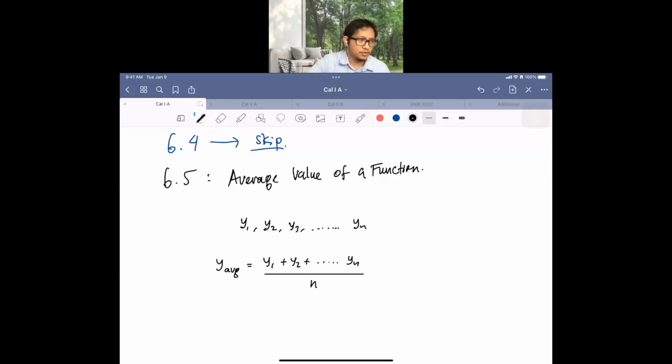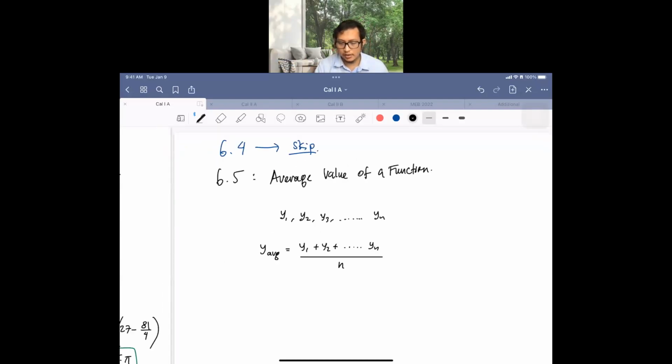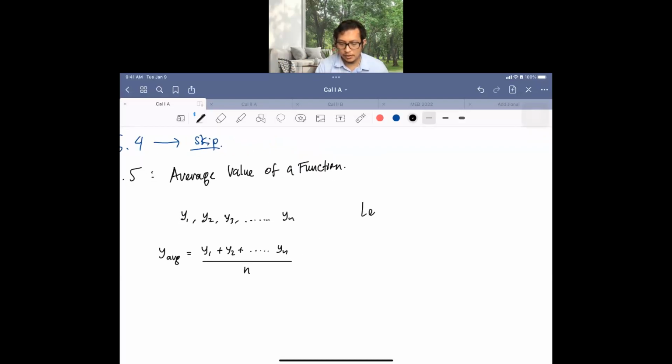Now if we look at our functions, let y become a function of x, and we look at x from a to b.